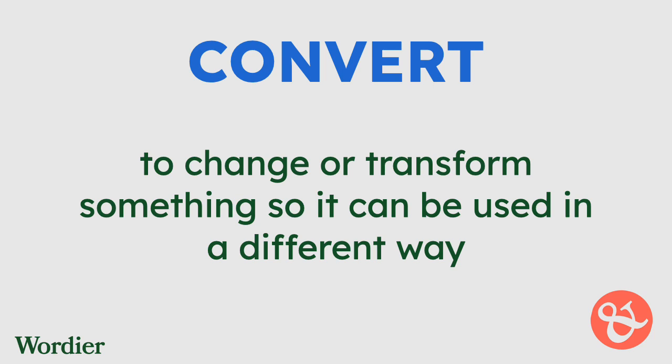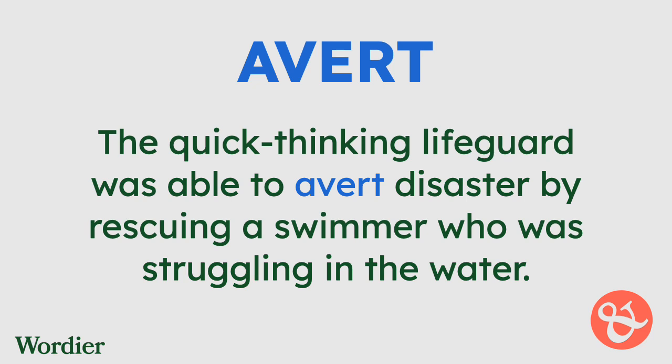Okay, our third word is avert. You could say, the quick-thinking lifeguard was able to avert disaster by rescuing a swimmer who was struggling in the water. Now the a prefix here means from. So this word literally means turn away from.